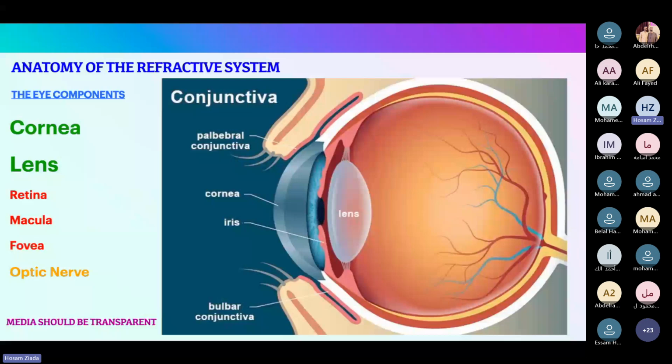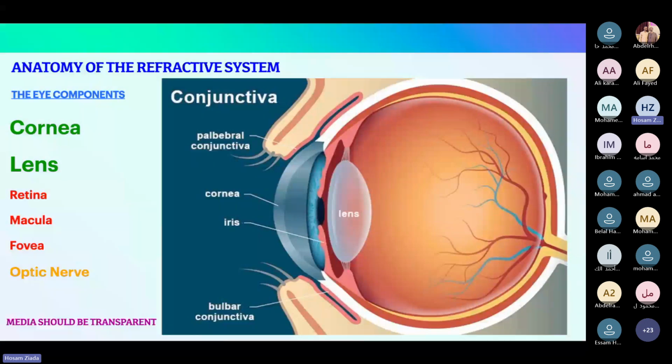To know the anatomy of the refractive system of the eye, look at this slide. You will find it as a cross section in the globe or in the eye itself. The eye components are the cornea and lens, which I marked in green to show that they are the principal surfaces of the eye responsible for the refraction.